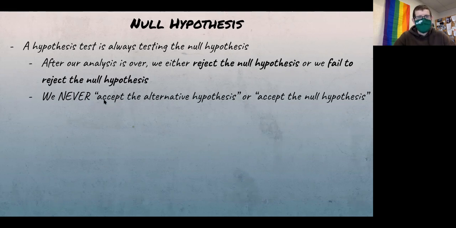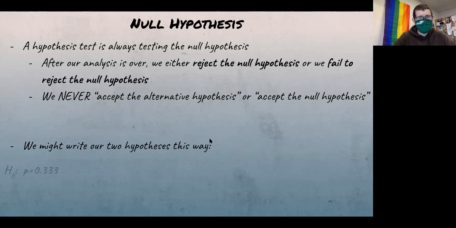So what you never say is that we accept the alternative hypothesis or accept the null hypothesis. You either reject the null or fail to reject the null. Because in both of these cases, we are just saying the data says that we rejected it or we failed to reject it. Saying I accept the alternative hypothesis almost is saying this is true. We're never saying something is true. We're just saying statistically, we cannot reject the null hypothesis.